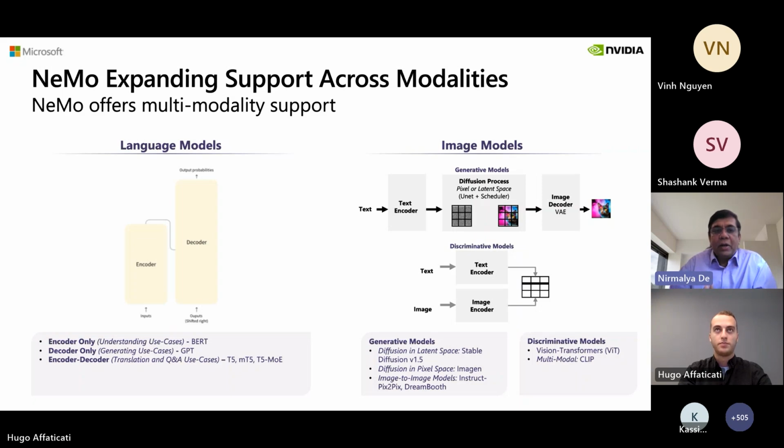On your right hand side, we just released a container, NeMo multimodal early access containers. In those containers, we support training, foundation training, and fine-tuning image models. We are supporting latent diffusion model, which is stable diffusion. And then we are also supporting discriminative image models like CLIP and Swin CLIP. Beyond that, we do support image editing techniques like InstructPix2Pix as well as DreamBooth.